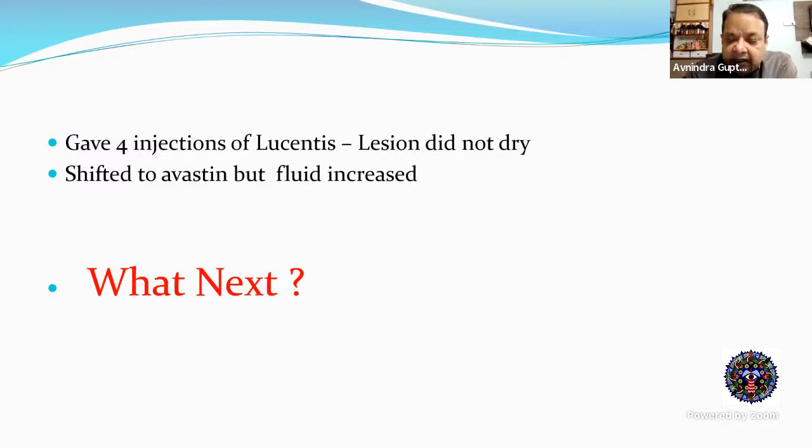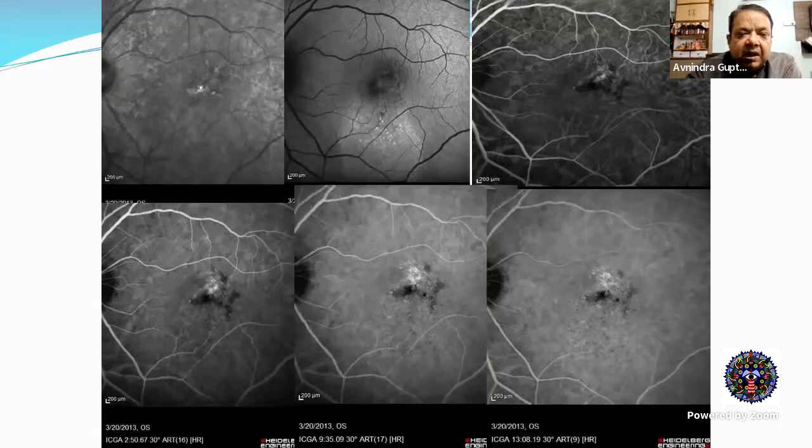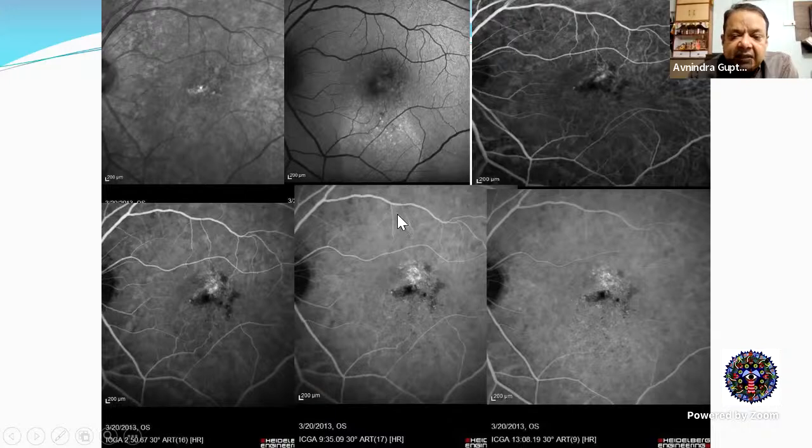The fluid increased, so we thought we were missing something. We did an ICG and fluorescein angiography simultaneously. You can see a pinpoint leak. So we came to a diagnosis that this is central serous retinopathy.